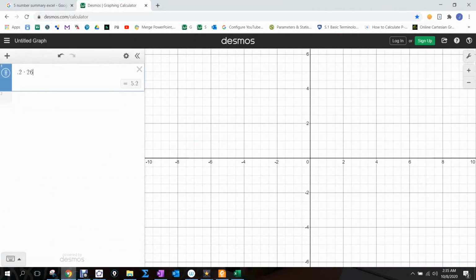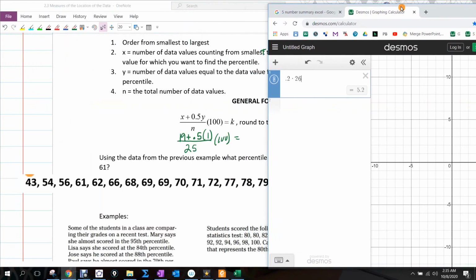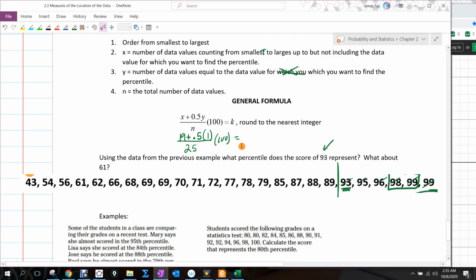So let me get the calculator out. So we'll take 19 plus 0.5, divide that by 25, and we'll multiply it by 100. That's k, so we round that to the nearest integer.